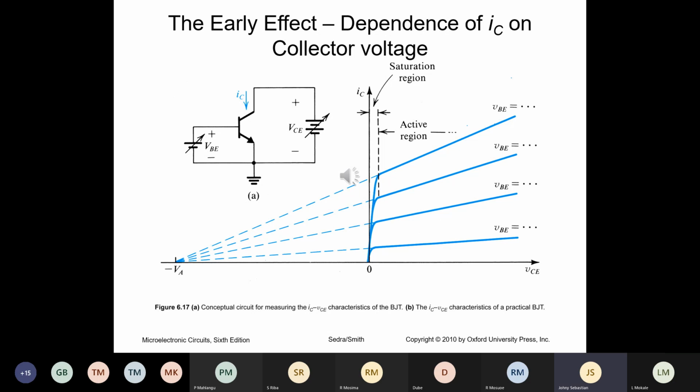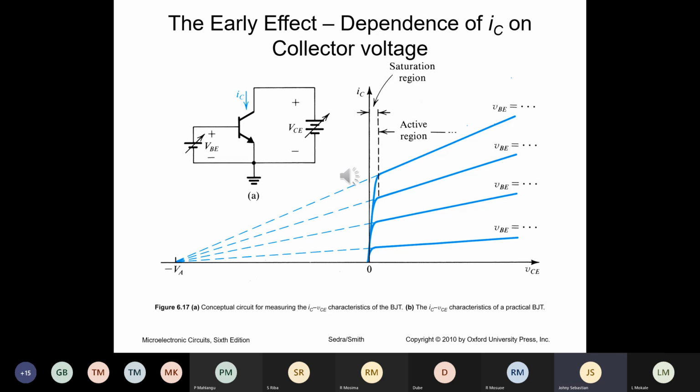But what we see according to this graph is that the magnitude of VCE in fact affects collector current slightly. That is why you get a slope. If VCE should not affect it, then you should have been getting a perfectly horizontal line, which we are not getting.